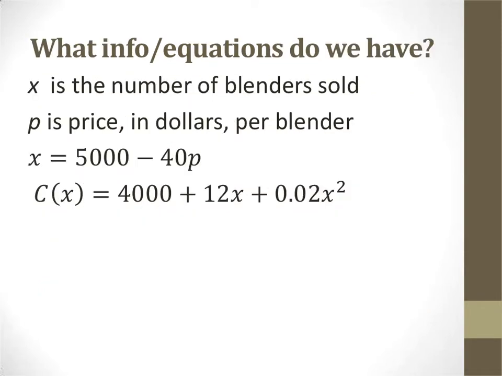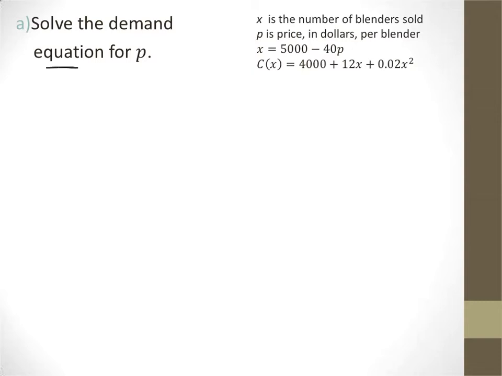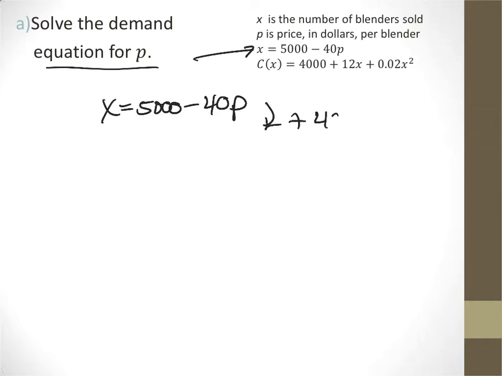So here we go. x is the number of blenders. P is the price. So this is all the information you have written down. Let's go ahead and solve that demand equation here for P. So x equals 5,000 minus 40P. Let's add 40P and subtract x from both sides.